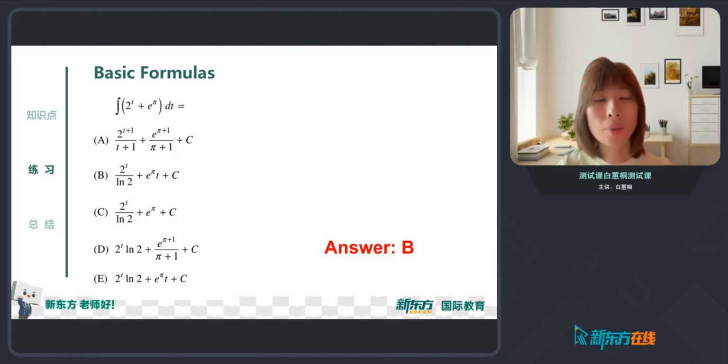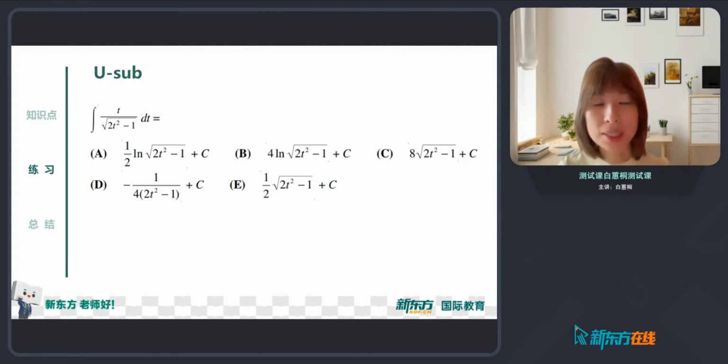And then today we are going to learn something special about the substitution method. The substitution method is a way to help us simplify a complicated function into an easy form. It's better for us to understand. So let me give you an example to understand how to use it.